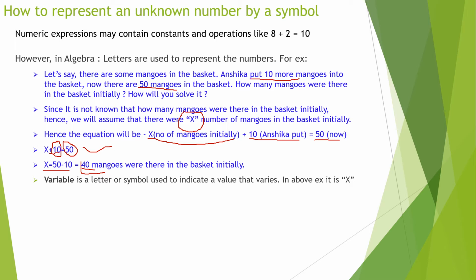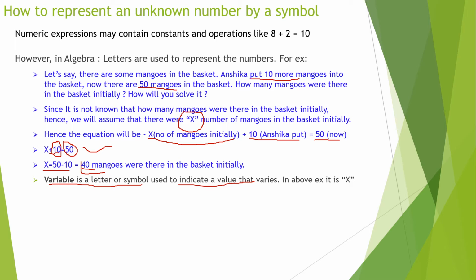And these x y z a b c m n p q, all these symbols are known as variables. So what is a variable? A variable is a letter or symbol used to indicate a value that varies. We can put any value in place of x because it can vary, but a constant will remain the same.